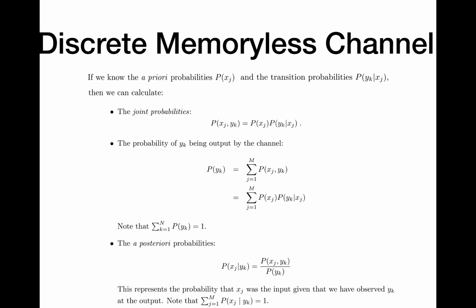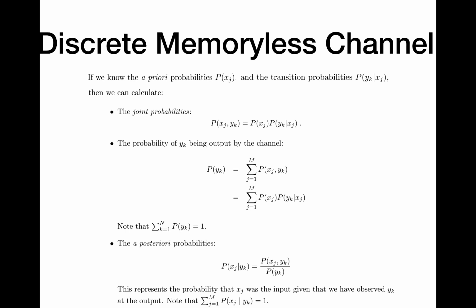And the transition probabilities are also given. These transition probabilities actually define your channel. They are given by the conditional probability that you observe yk at the output given xj was transmitted.